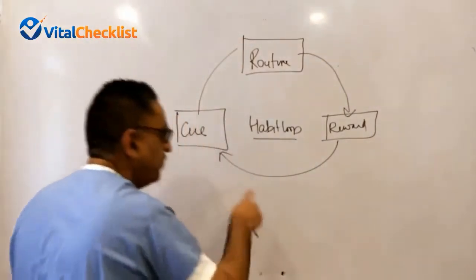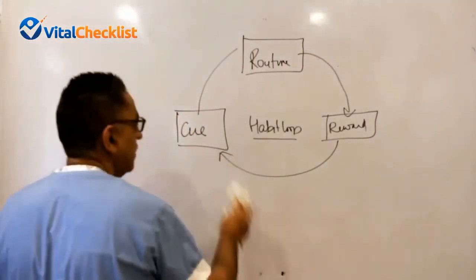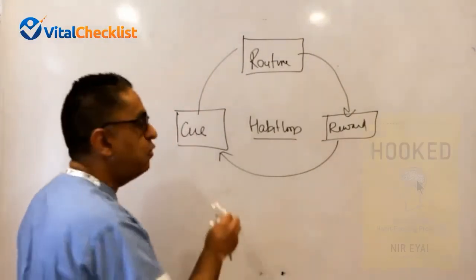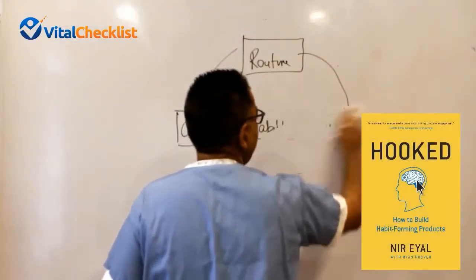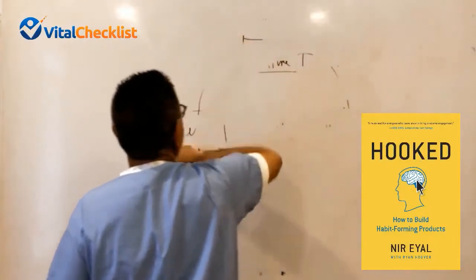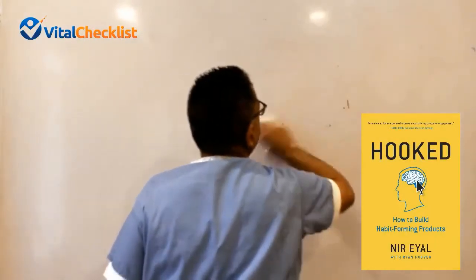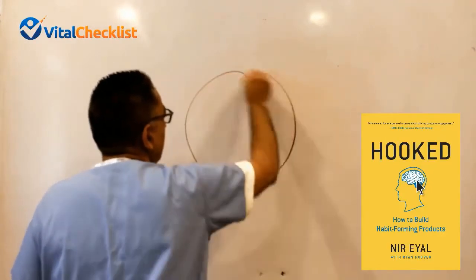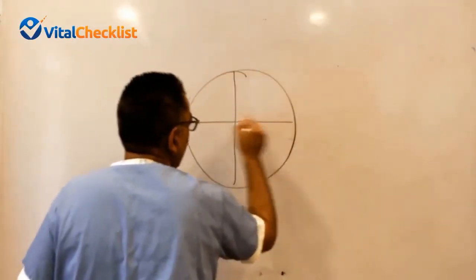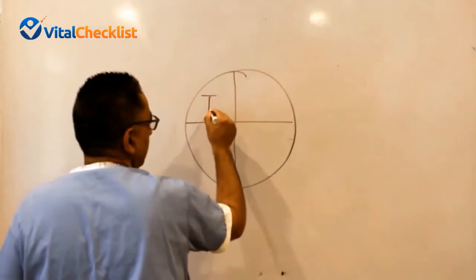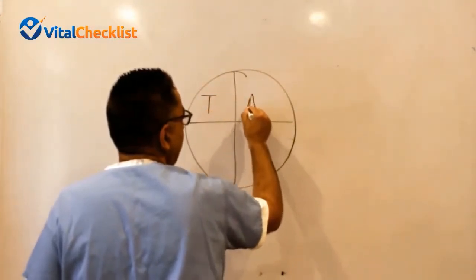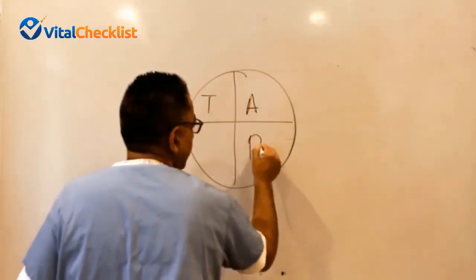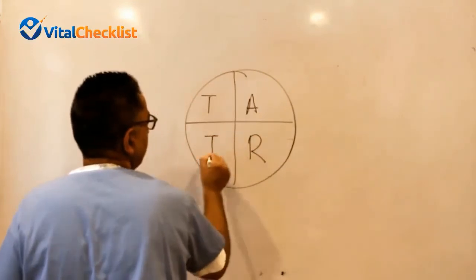Then, afterwards, I read another book by Eyal, the Hooked Model. In that book, he mentions the hooked model. He starts with trigger, action, reward, and investment.